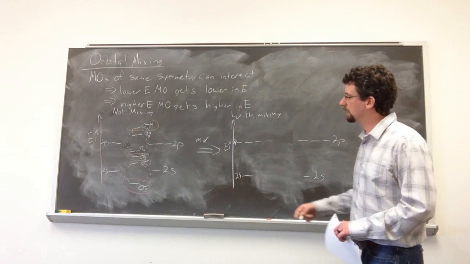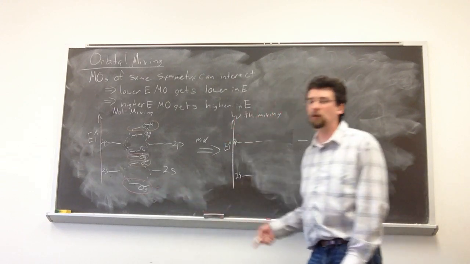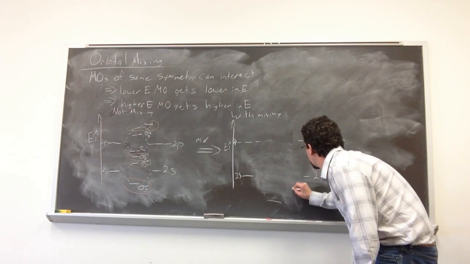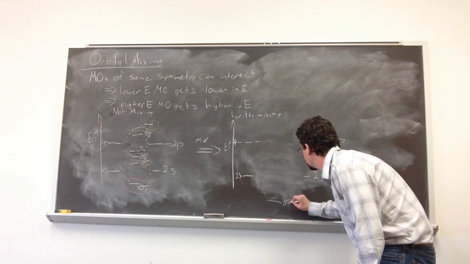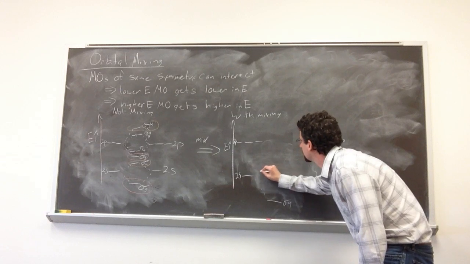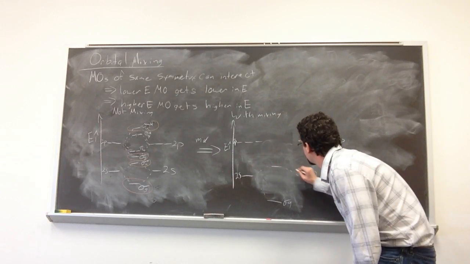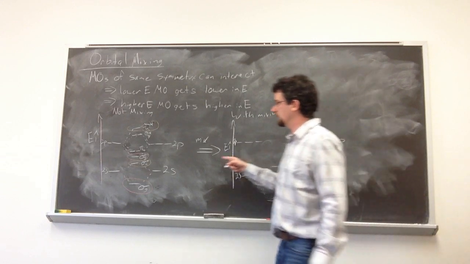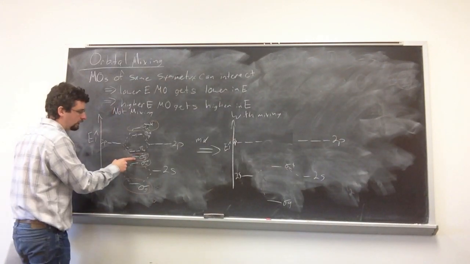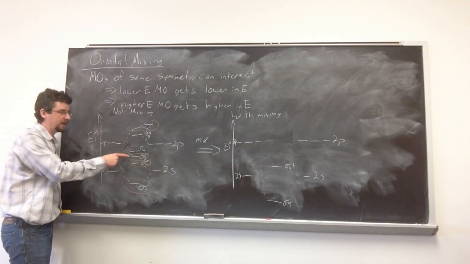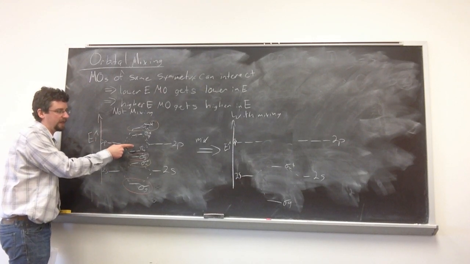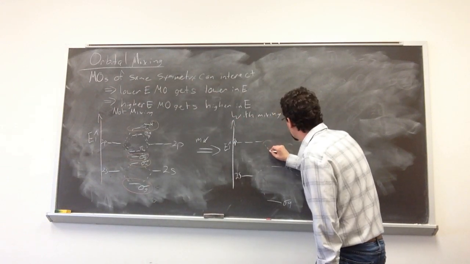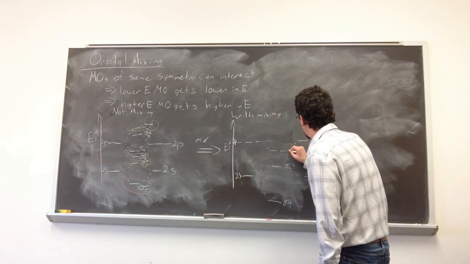If we do that, we said these lower in energy orbitals get even lower in energy. So they've been exaggerated a bit. Whereas this sigma g orbital, it should raise in energy, and in some cases it actually rises above that pi bonding set of orbitals. So we try to draw that as best as we can.